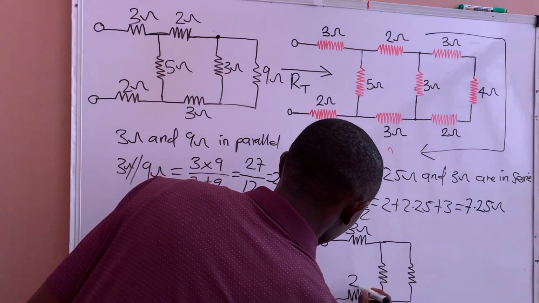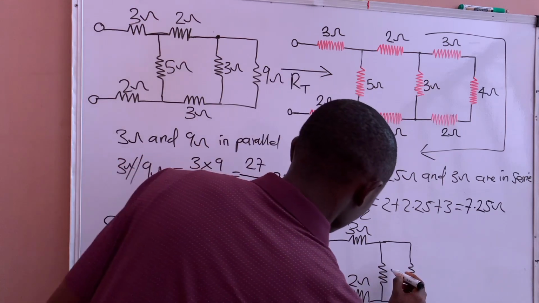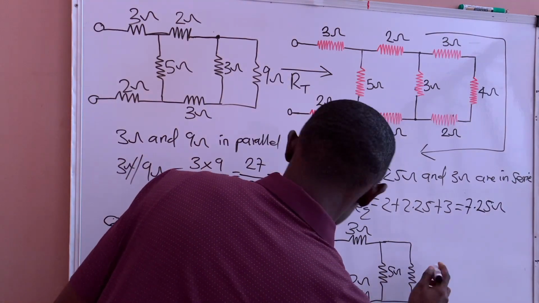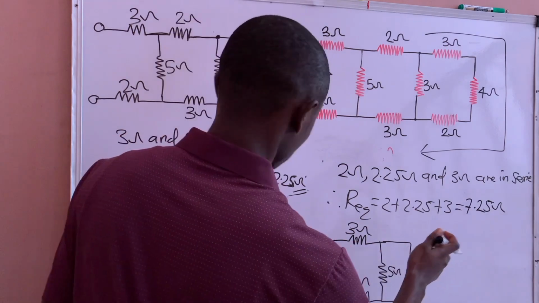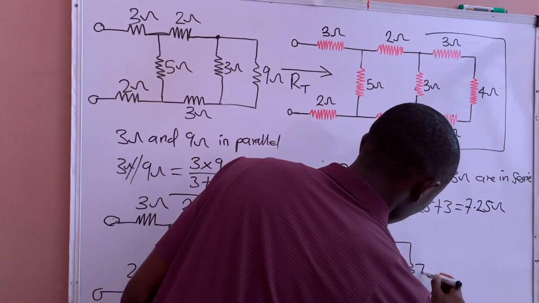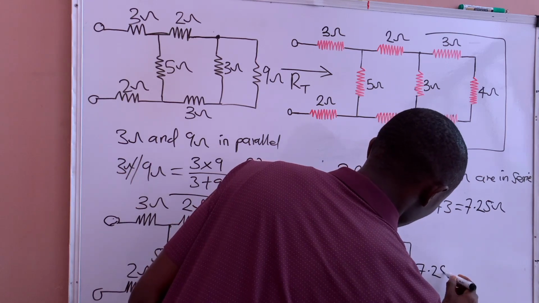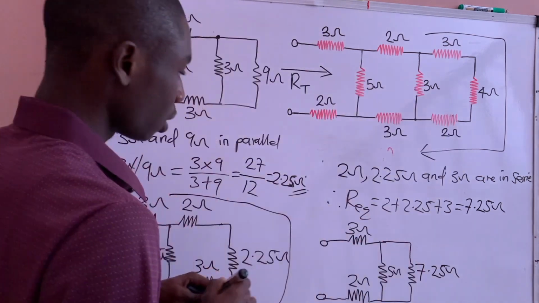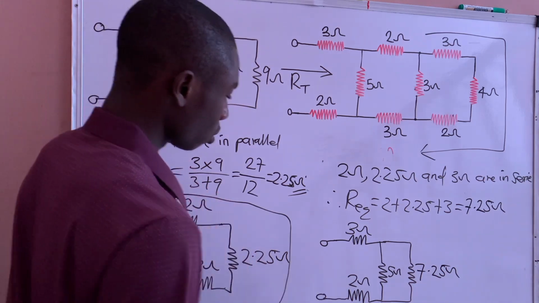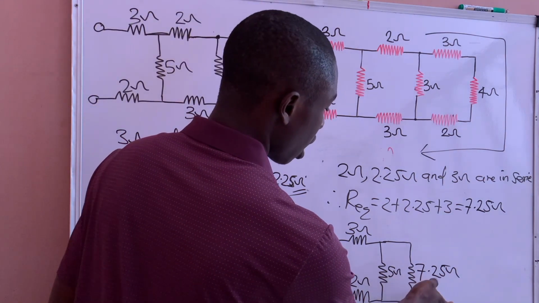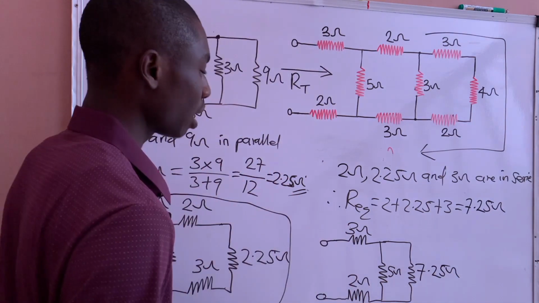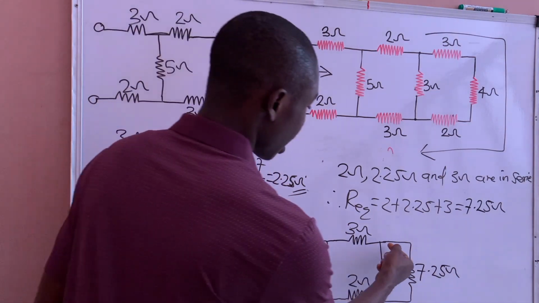Here is 2 ohms. Here is 5 ohms. And this will be 7.25 ohms. From our third redrawing, this 5 ohm resistor and 7.25 ohm resistor are in parallel.